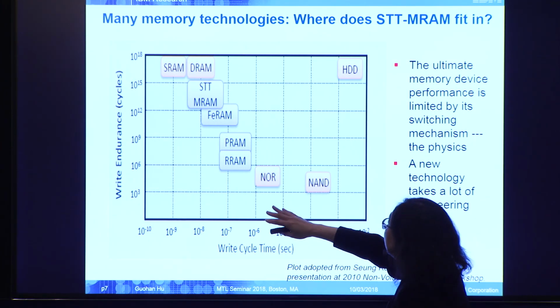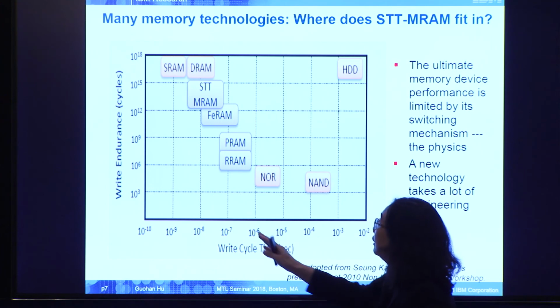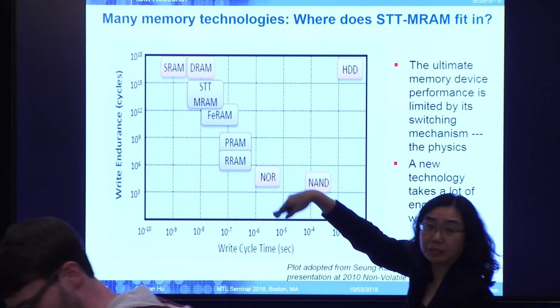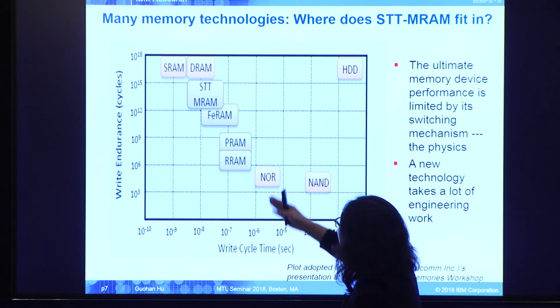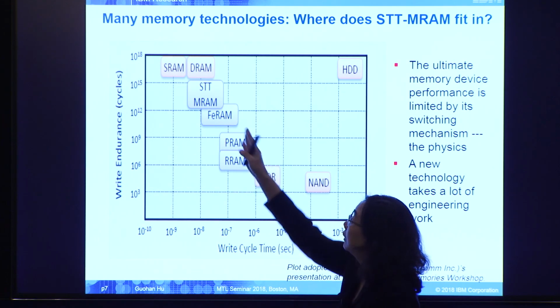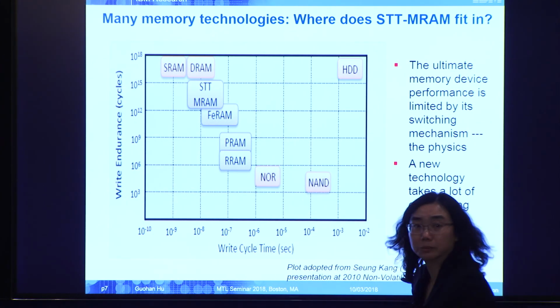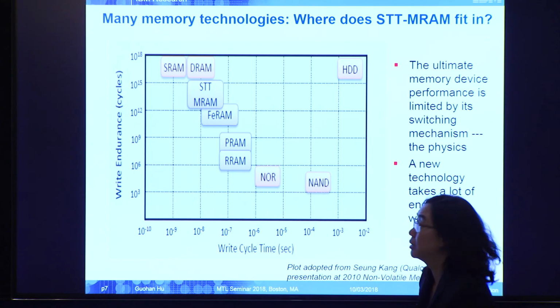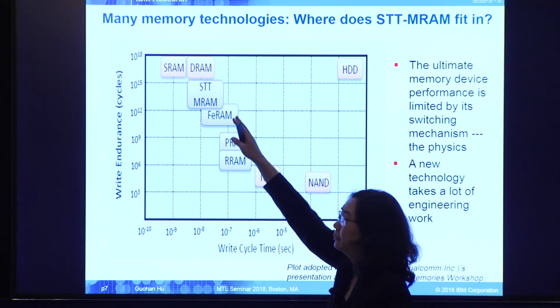If you look at it in terms of endurance and also write speed, there is a huge empty space in between, right? In terms of speed, this is 2 or 3 orders of magnitude slower than DRAM, and in terms of endurance, it's really 10 orders of magnitude of difference. That's why in the past 20 years, I would say there have been many emerging memories.